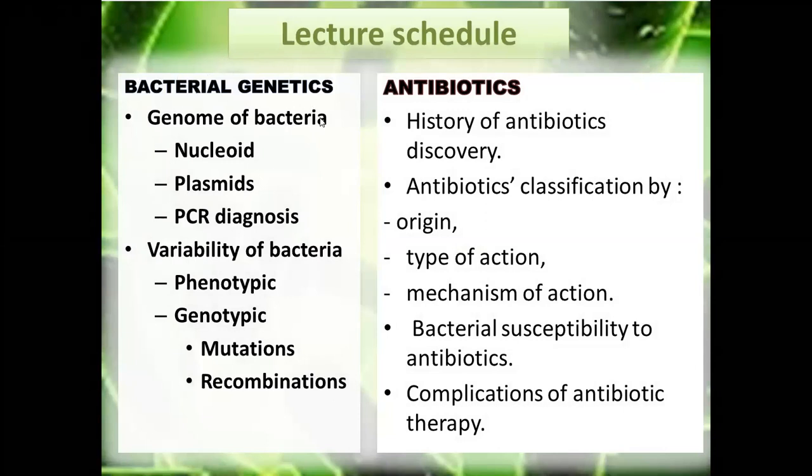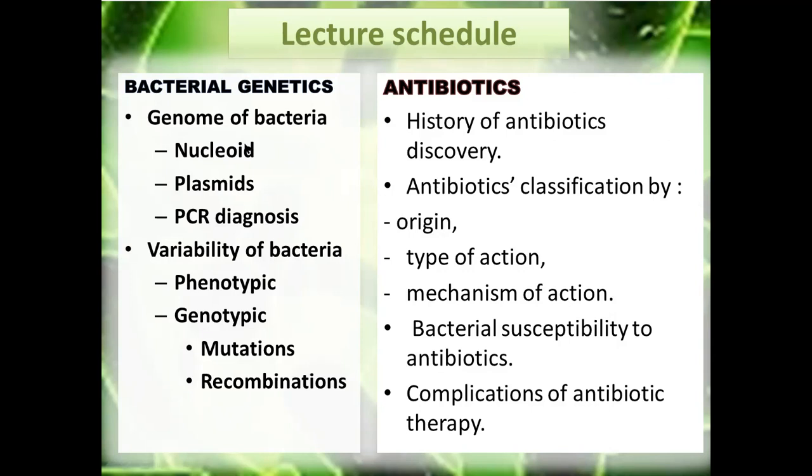study bacterial genetics. Maybe you know that genetics is a science about heredity and variability. Characterizing bacterial heredity, I will tell you about the bacterial genome, which includes the nucleoid and plasmids. And a special question is the usage of DNA specific to bacteria in diagnosis.